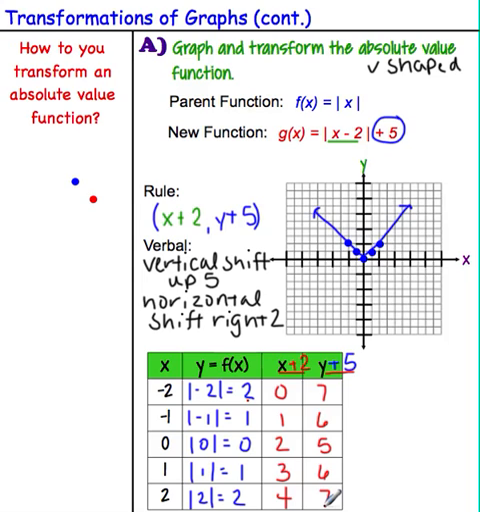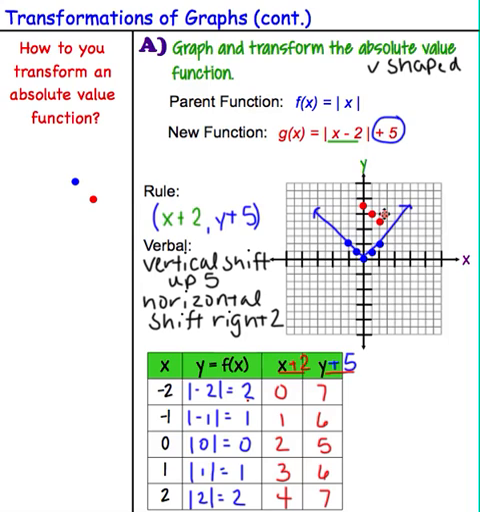So now, going ahead and graphing this, we will take our points here that I've pre-made to help me out. We've got 0, 7, 1, 6, 2, 5, 3, 6.